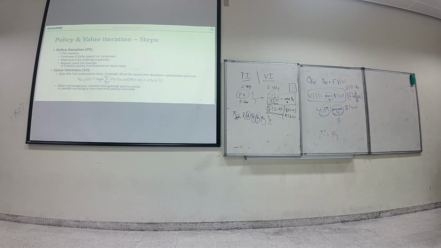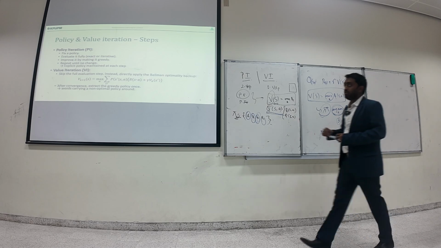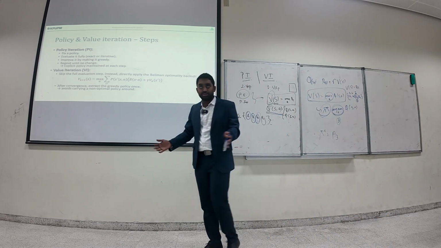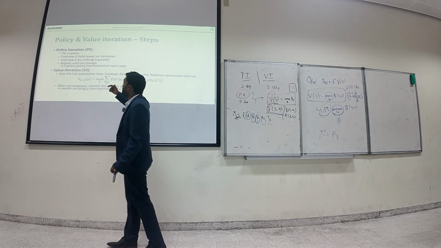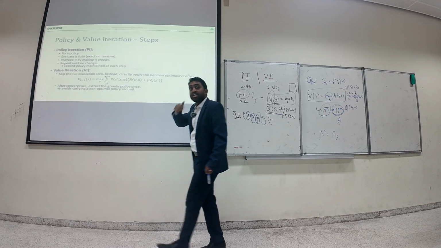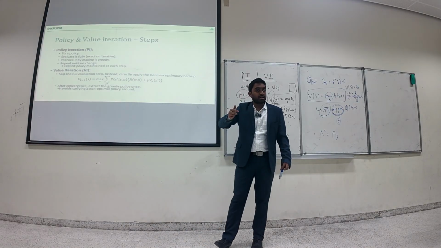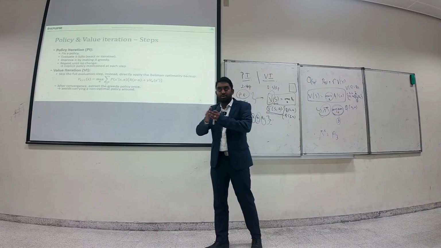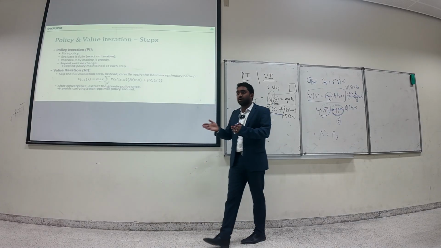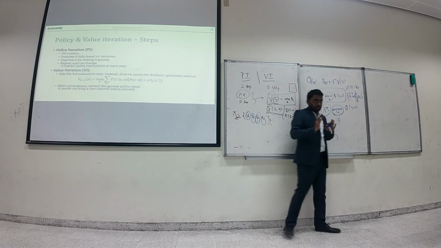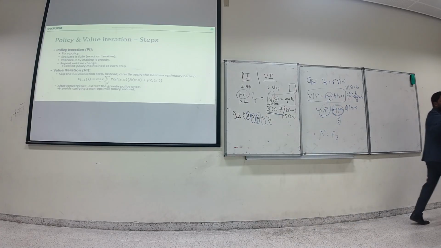So to sum it up again, for policy iteration, you fix a policy, start with a random policy, evaluate how good it is, and then improve it. Keep on doing this till the value functions stop changing over iterations, meaning that the policy has converged. Value iteration, however, is only one step. You run the evaluation and improvement in one step, in the sense that you evaluate all possible actions in that state, you select the max out of it, and you repeat it till there is no change in the policy.